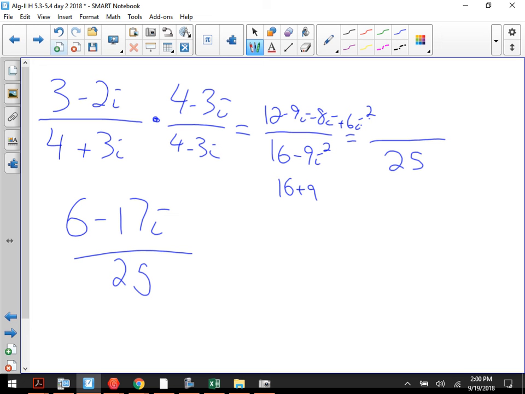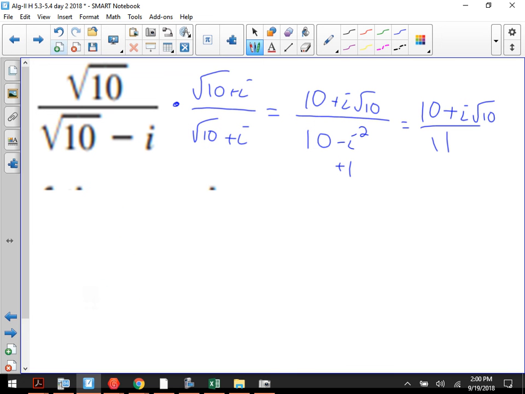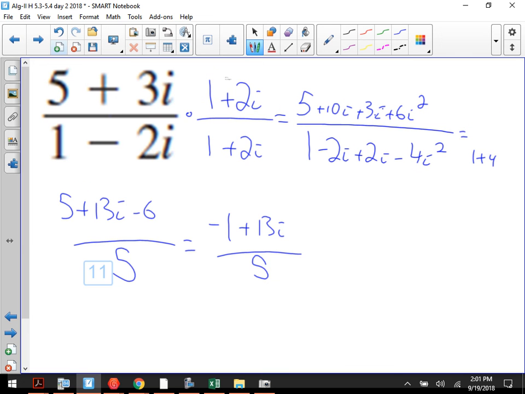Squared. What's 4 squared? What's 3 squared? What's 16 plus 9? What's the square root of 10 squared? What's 1 squared? What's 10 plus 1? What's 1 squared? What's 2 squared? What's 1 plus 4?